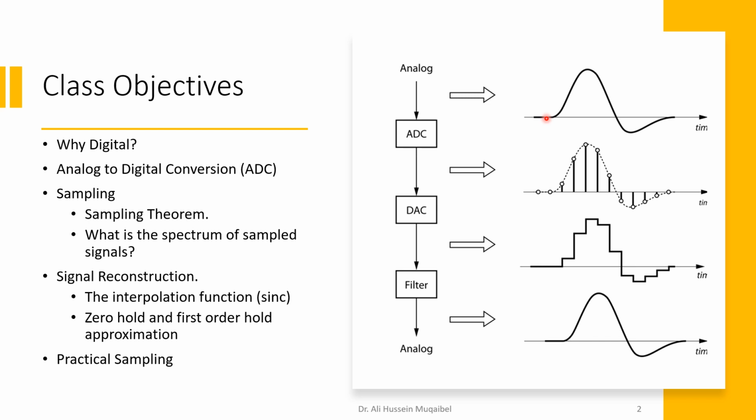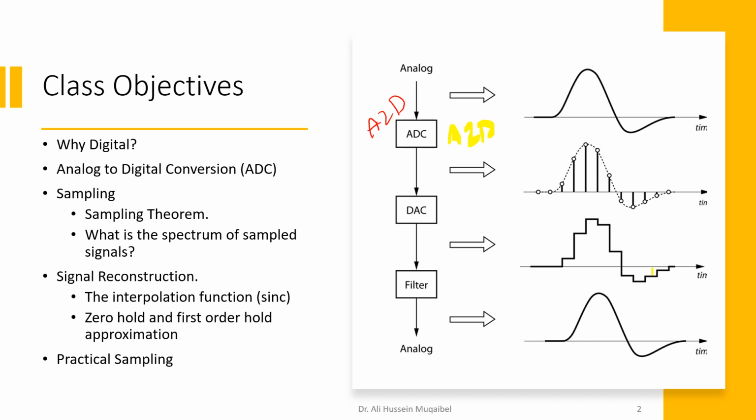The diagram on the side shows you an analog signal being sampled. Sampling is a process that's done on the time axis. Also, to go from analog to digital, this is called ADC, or A to D, analog to digital conversion. Both mean the same thing.